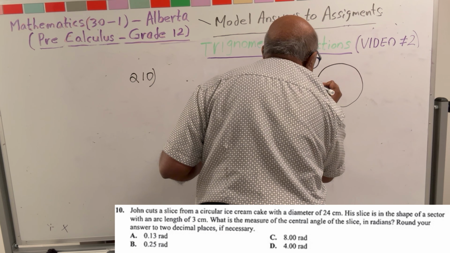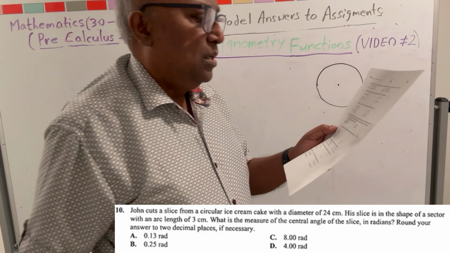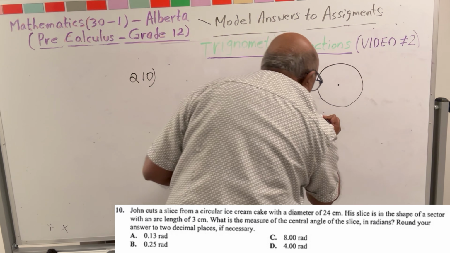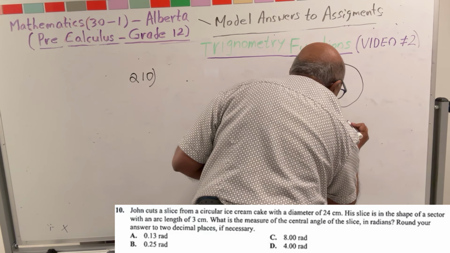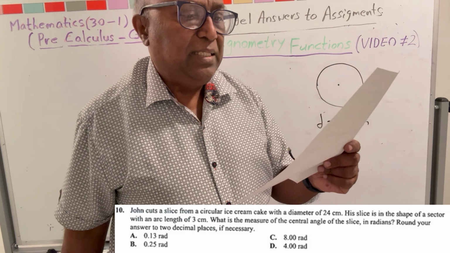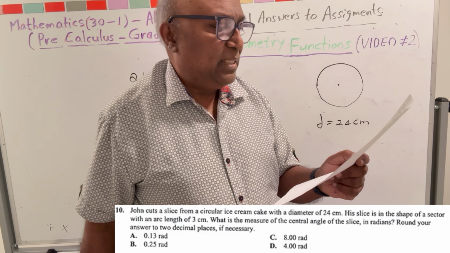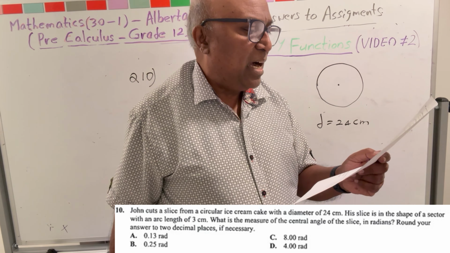Okay, I try to draw a circle. This is a circular ice cream cake. Diameter D is equal to 24 centimeter. His slice is in the shape of a sector with an arc length 3.